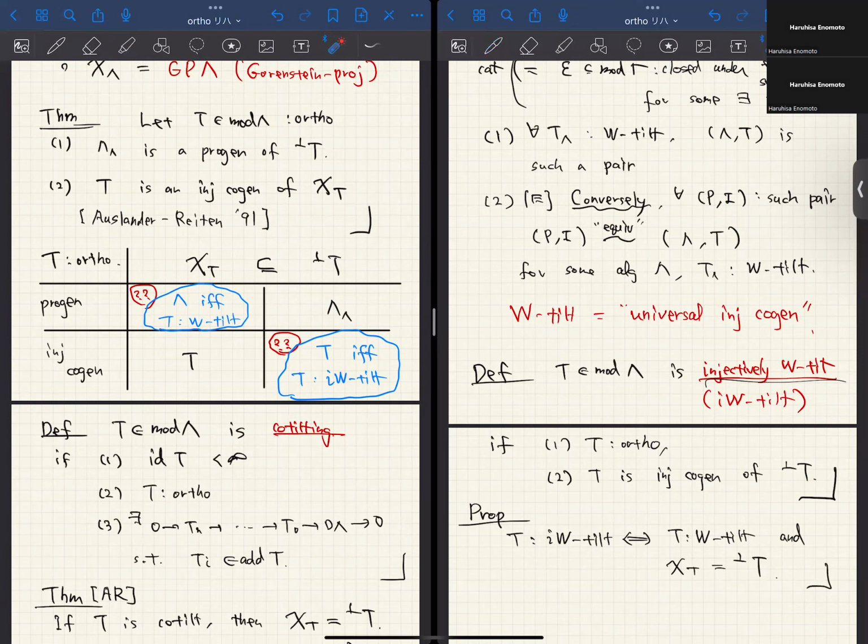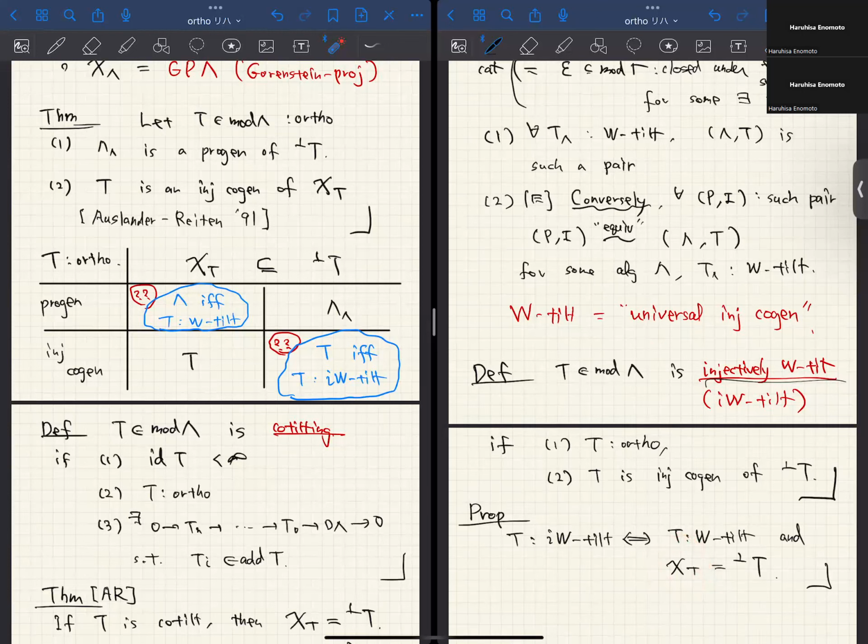As I mentioned before, if T is cotilting, then these two subcategories coincide. In general, these categories may not coincide even if T is Wakamatsu tilting. So for Wakamatsu tilting T, this is a very nice condition because XT is complicated.